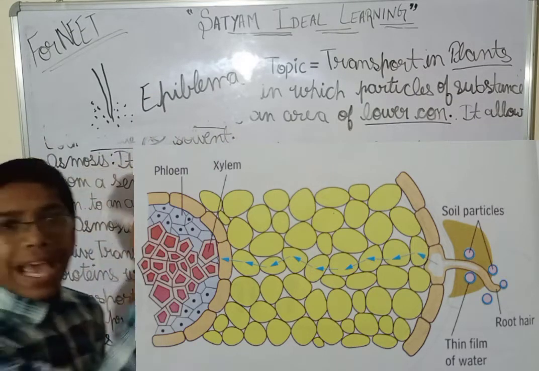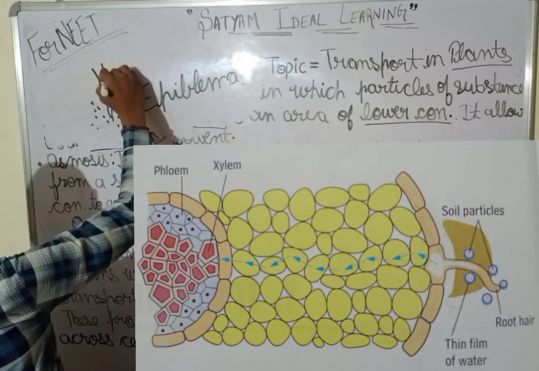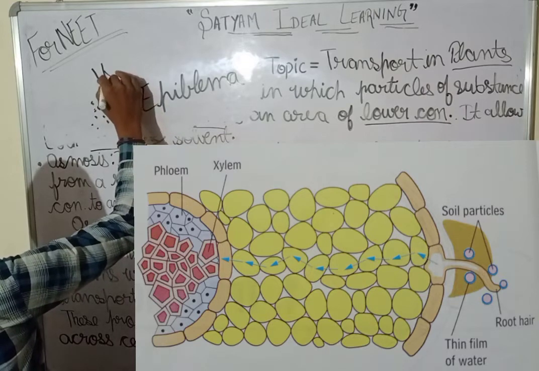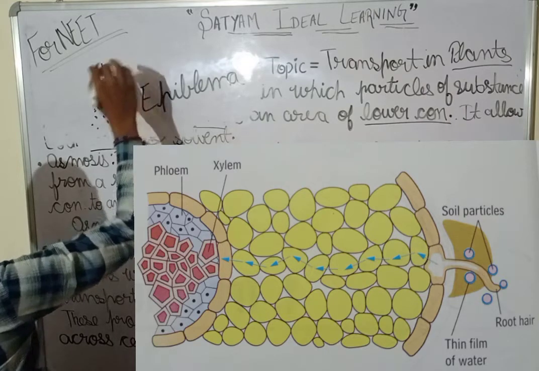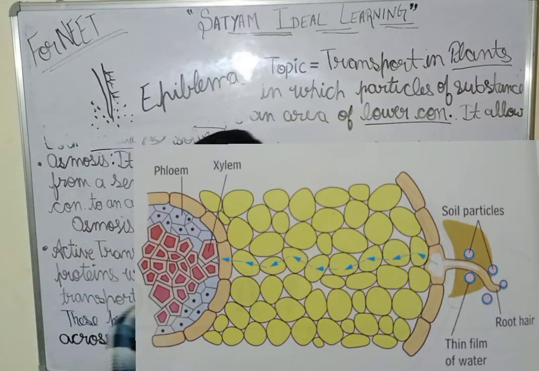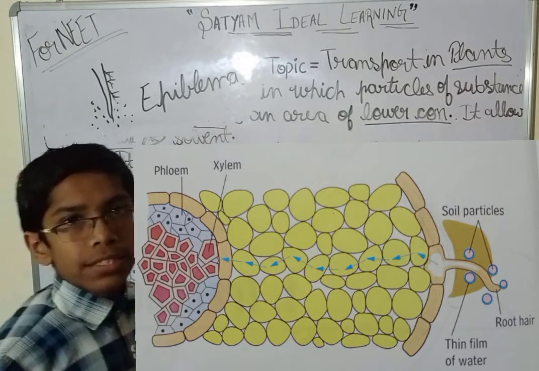See, this is the root, and the hairs will arise this way, and from these, hairs arise like this. So epiblema is the skin of the root, and from this epiblema only hairs arise.